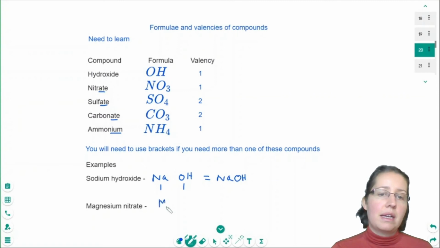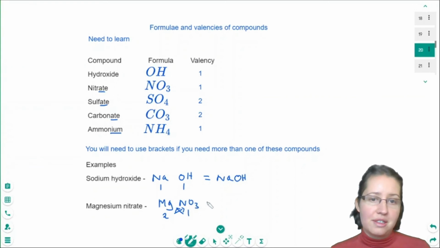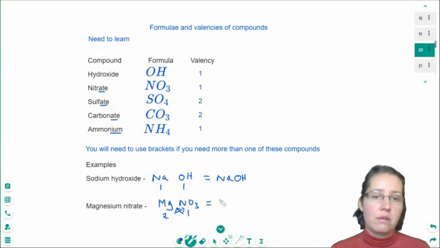However, if we have magnesium nitrate, Mg valency 2, nitrate NO3 valency 1, when we crisscross, we need to have a 2 here. We can't just put a 2 next to the 3, otherwise it says 32 oxygens, and that's not correct. We want 2 nitrates, 2 lots of NO3.